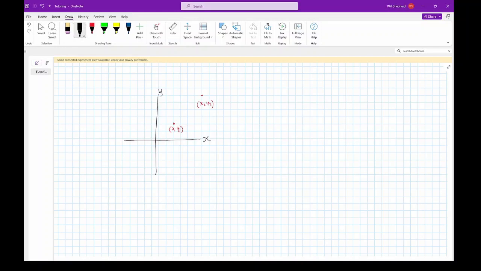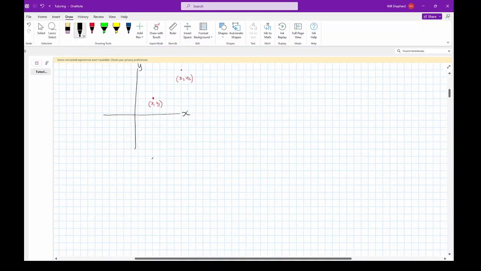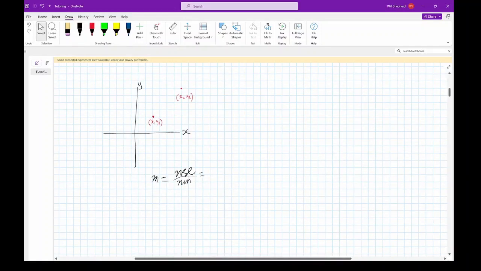Now, we might have heard the term that gradient is equal to rise over run. What does that actually mean? And how do we calculate it? Well, the rise is the difference between the heights of the 2 points, isn't it?